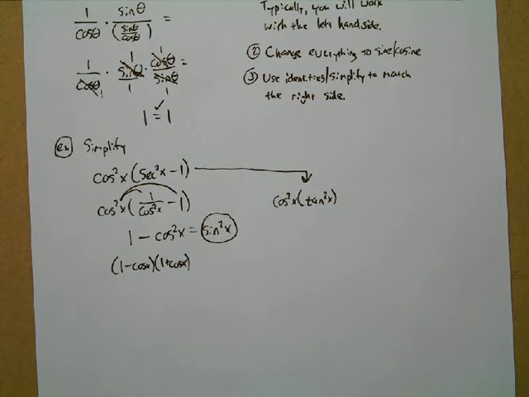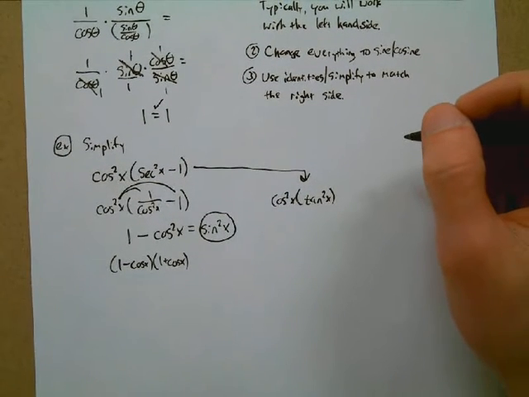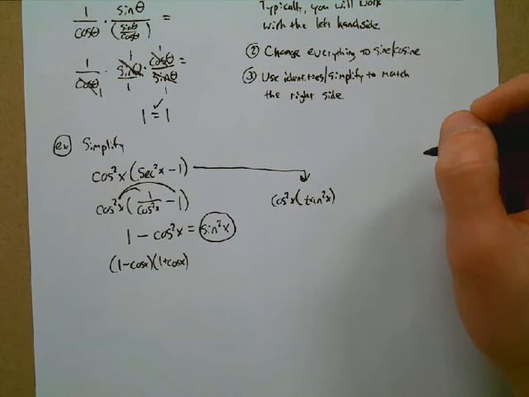Evan? Tangent is sine squared over cosine squared. And then what can we do with the cosines? They cancel. It's cosine squared over 1, so cosine and cosine cancel, and it's just sine squared. We got the same thing. We better have gotten the same thing, right?